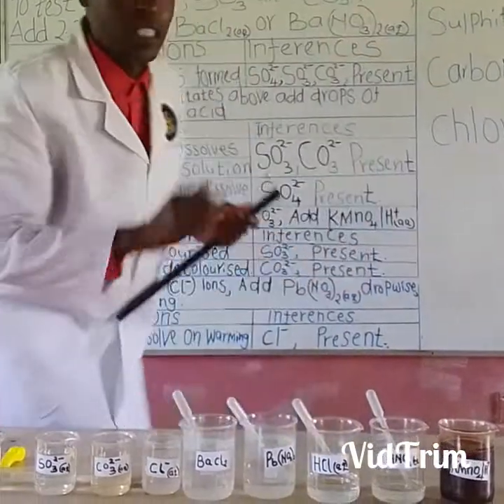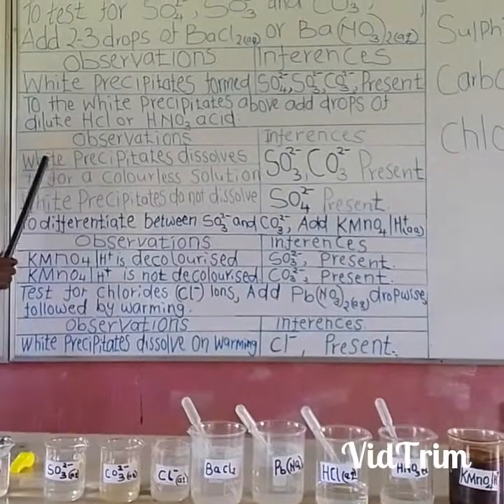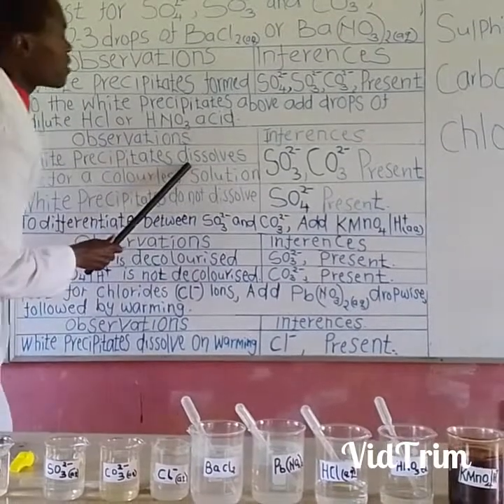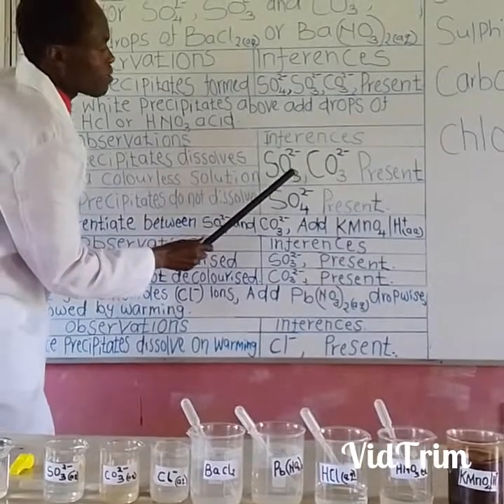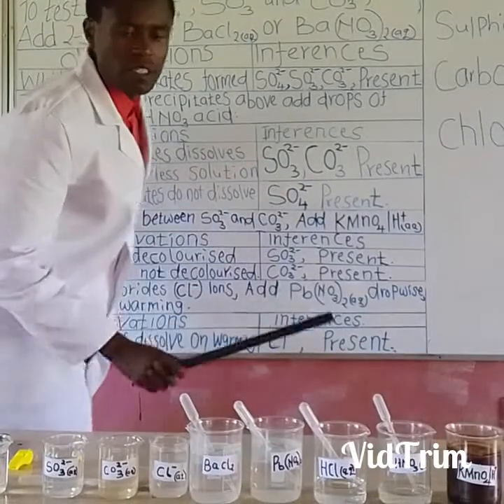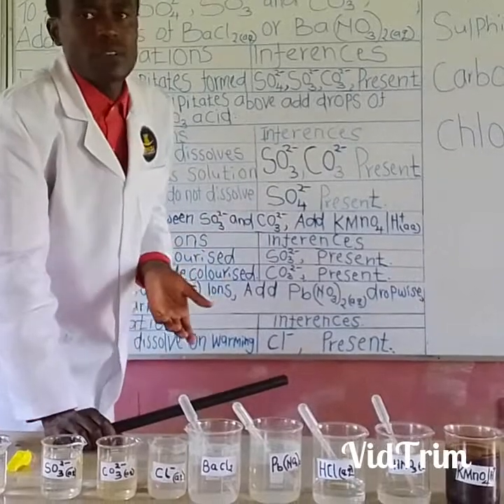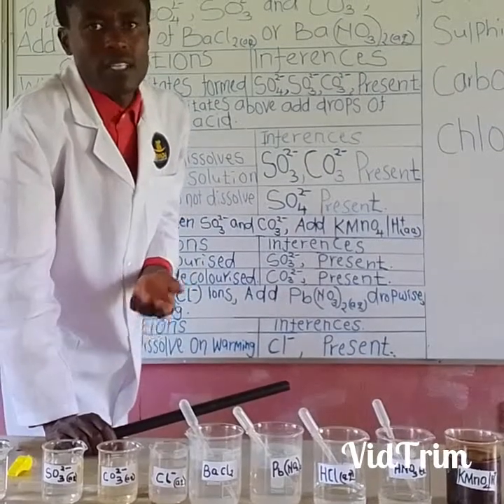Then we also suggest, if the white precipitate dissolves when you add the drops of the acid, the presence of the sulfite and the carbonate ions. But in this case, these were the carbonate ions.